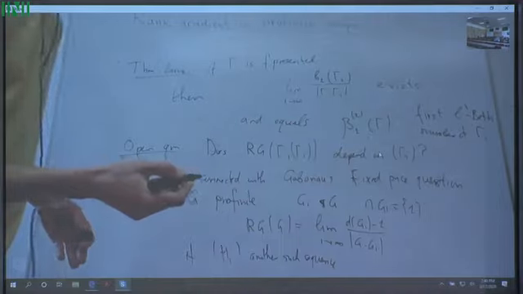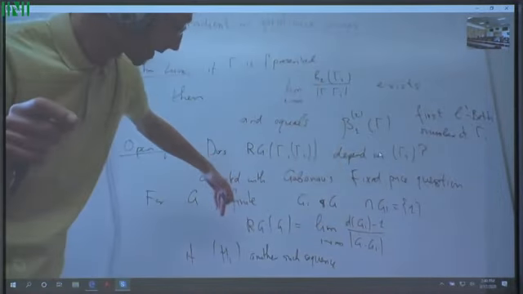an easy compactness argument shows that the two sequences refine each other.